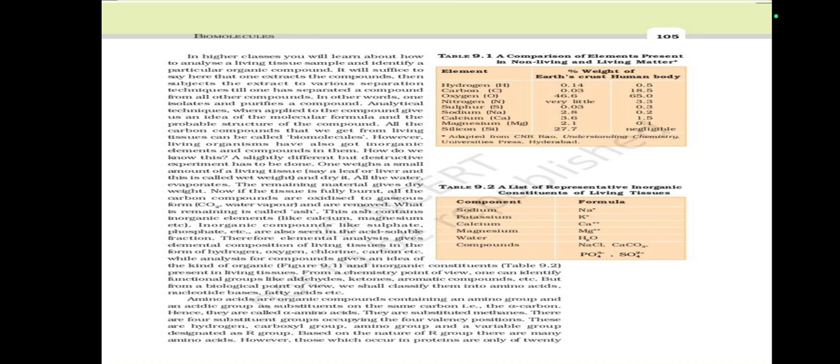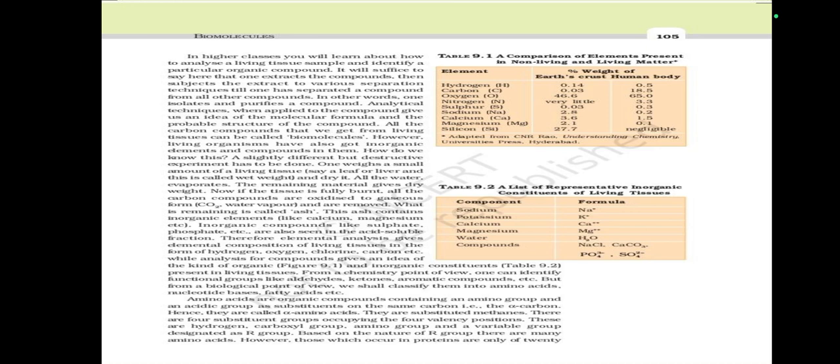Amino acids are organic compounds containing an amino group and an acid group as substituents on the same carbon, that is the alpha carbon, hence they are called alpha amino acids. They are substituted methanes. There are four substituent groups occupying the four valency positions. These are hydrogen, carboxyl group, amino group, and a variable group designated as R group.